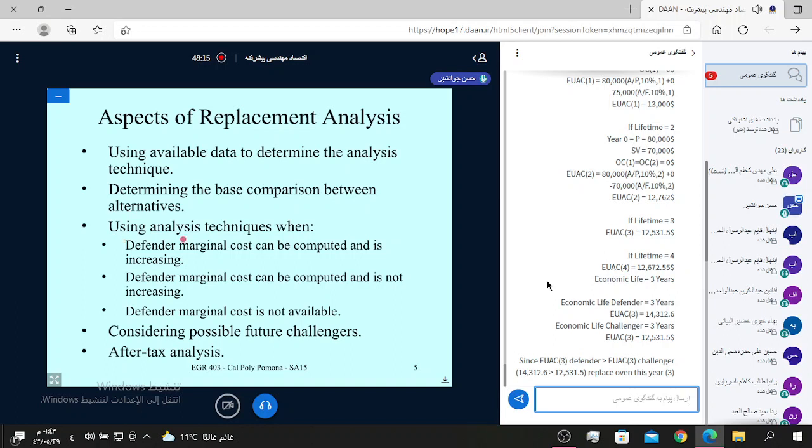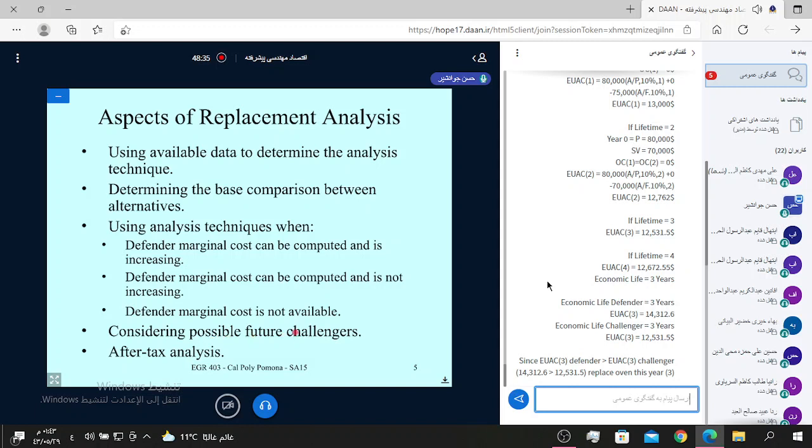Use the technique when the Defender marginal cost can be computed and is increasing, when it can be computed and is not increasing, or when it is not available.